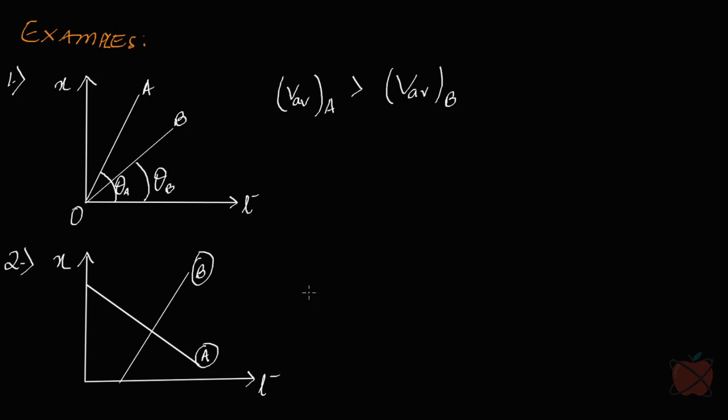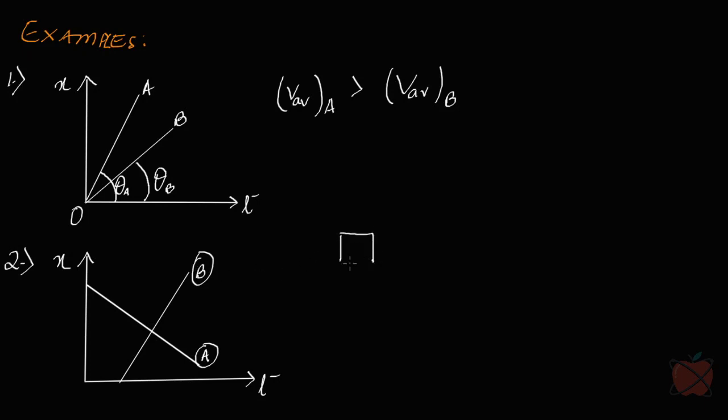So how do we know? We look at the slope once again. It is very clear here that the slope of A is negative, so therefore A has negative average velocity, and B has positive average velocity.